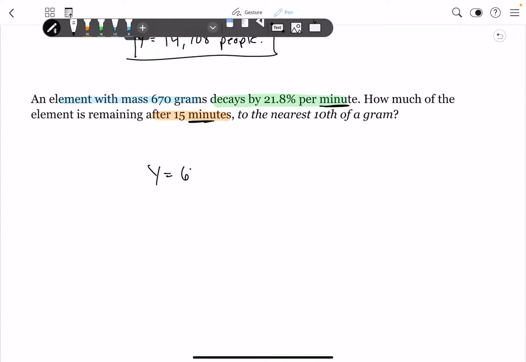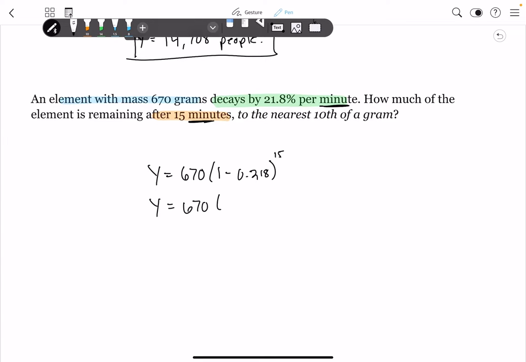Okay. Our initial value is 670 grams. That's how much of the element we're starting with. This is decay. So I'm going to start with one whole. I'm going to subtract. What is that decimal? 0.218. And then at each minute this is happening, I'm multiplying that base. So I'm going to do that 15 times for 15 minutes.